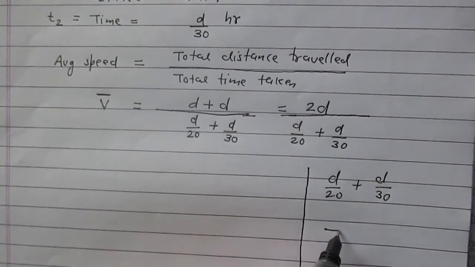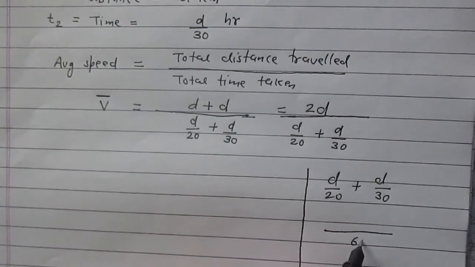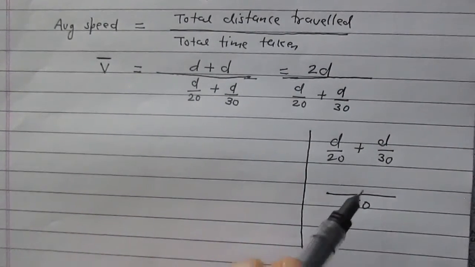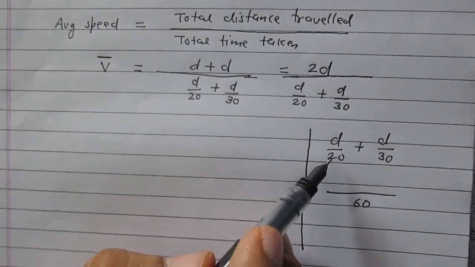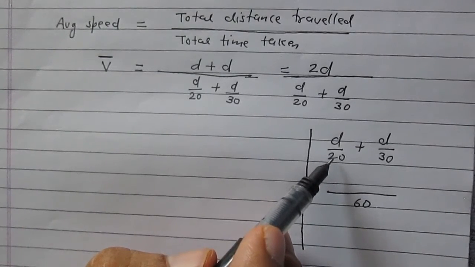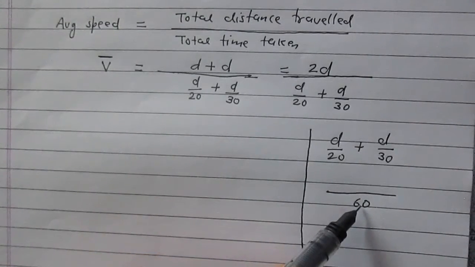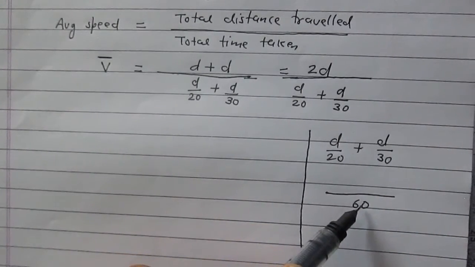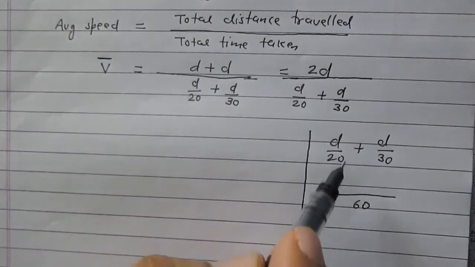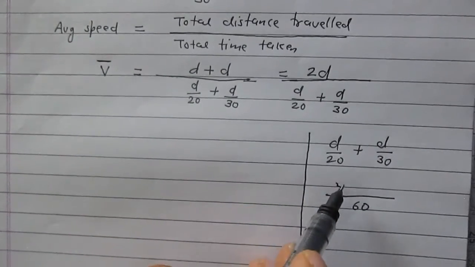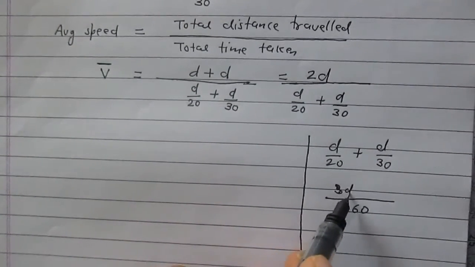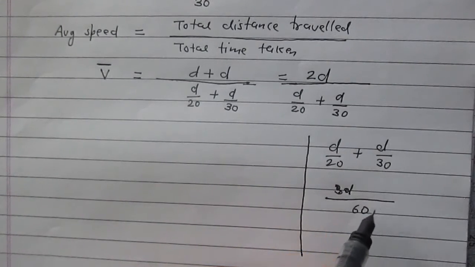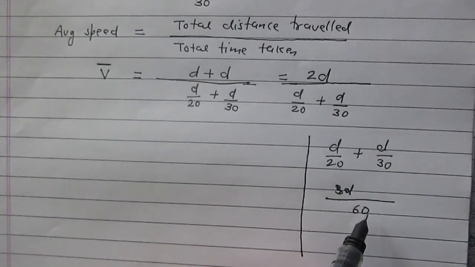LCM of 20 and 30 is 60. So 2 ones are 20, 2 twos are 40, 2 threes are 60. So 20 multiplied by 3 is 60. So numerator D will become 3D here. Same here, 30 multiplied by 2 is 60.